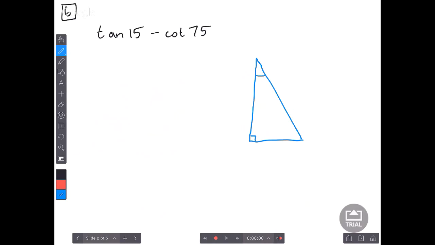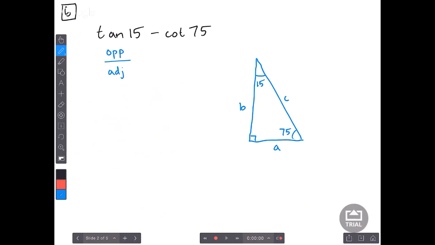So I've got 15 and I've got 75. And I'm going to name my sides side A, side B, and side C. And I'm going to show that tan of 15 would be the opposite side over the adjacent to 15.